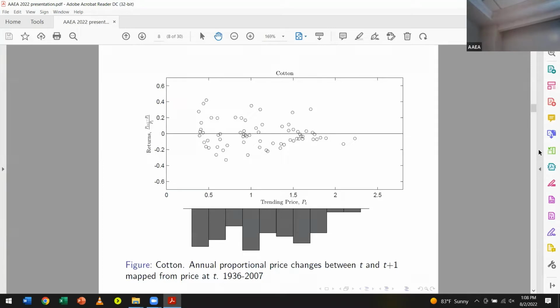The variation could be positive, negative, all over, for basically any level of the trending price, and in the mean, in the long run, it looks just 0, unpredictable price changes, and this is the histogram of the prices.